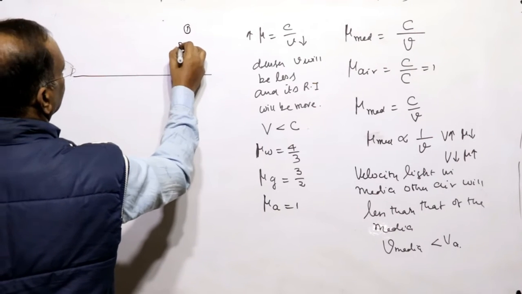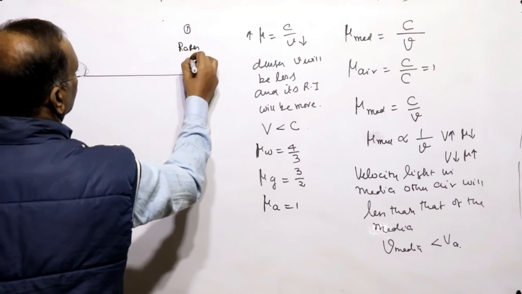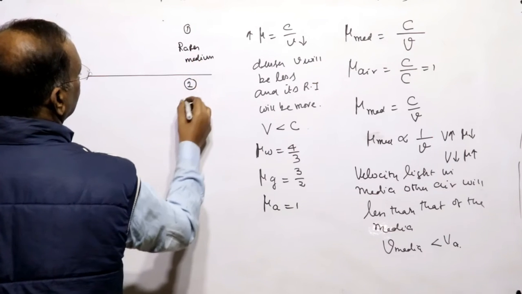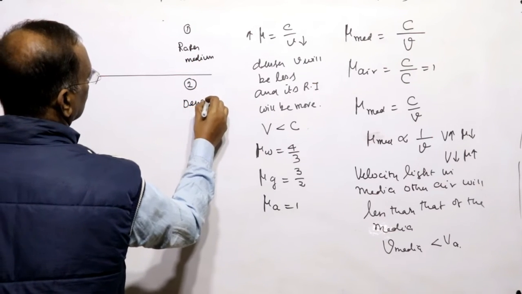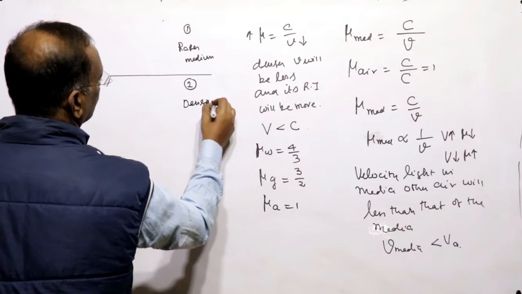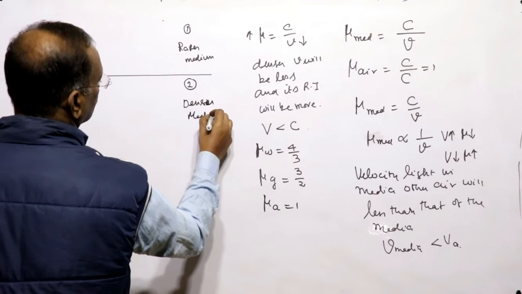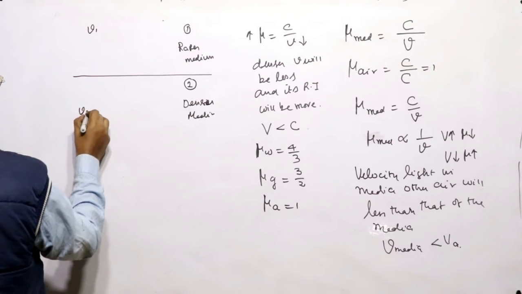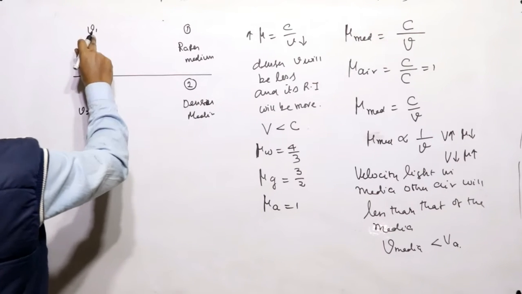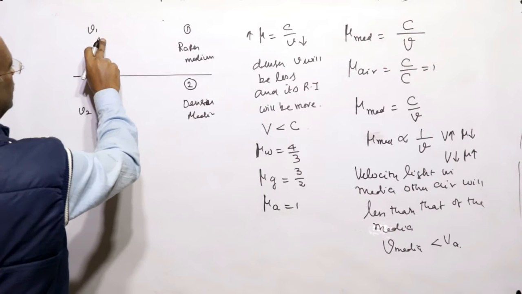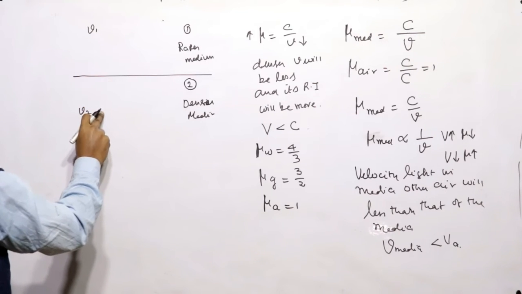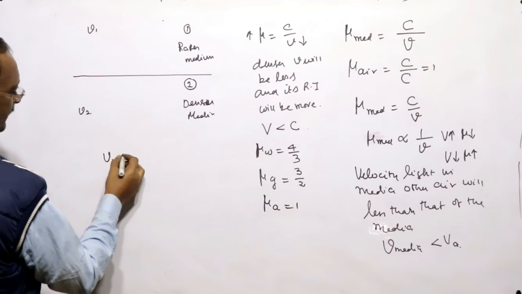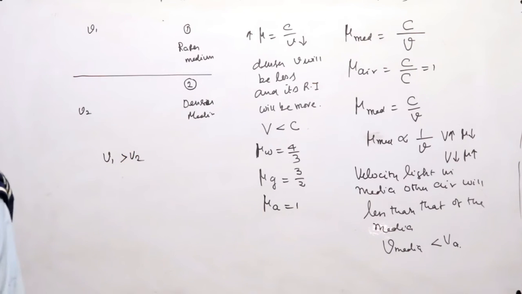Medium 1 is the rarer medium, and medium 2 is the denser medium. Since medium 1 is rarer, its speed will be more than the velocity of light in the denser medium. It means we can write V1 is greater than V2.